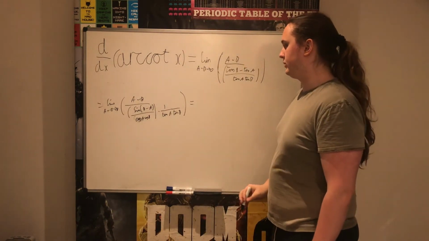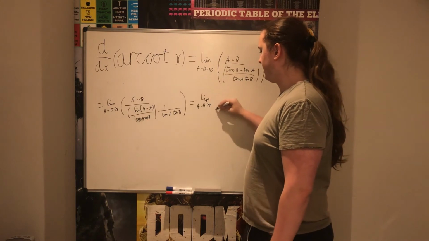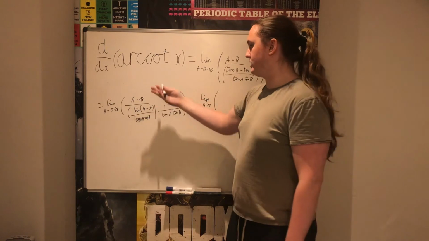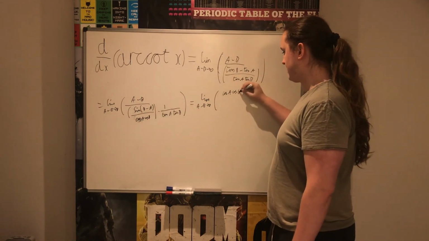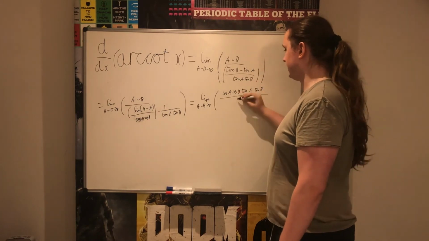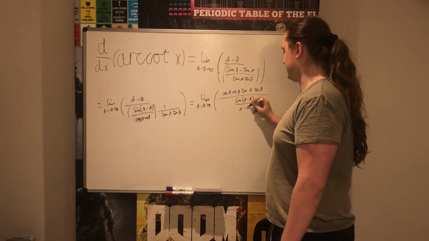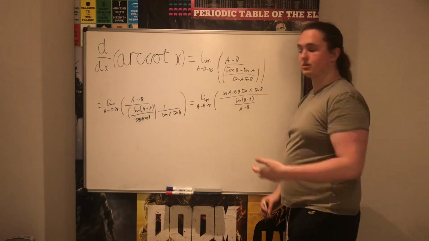Now from here we see that this is the same as the limit as a minus b approaches 0 of, because this is the denominator of a denominator, we can just flip this to the numerator, becoming cos a cos b tan a tan b over sine of (b minus a) over (a minus b), because this a minus b could just be flipped and put on the numerator and it would be the same.